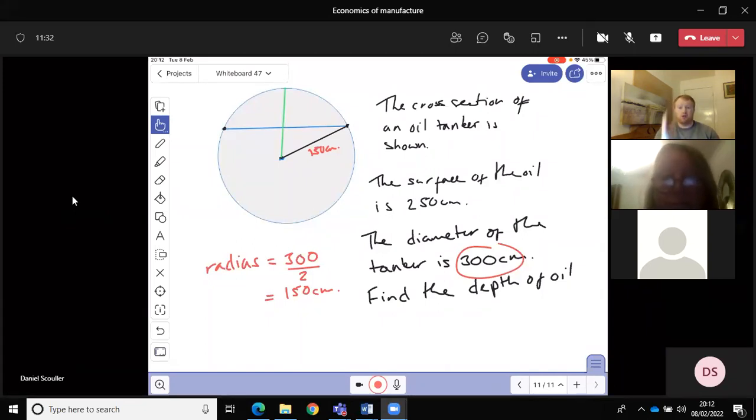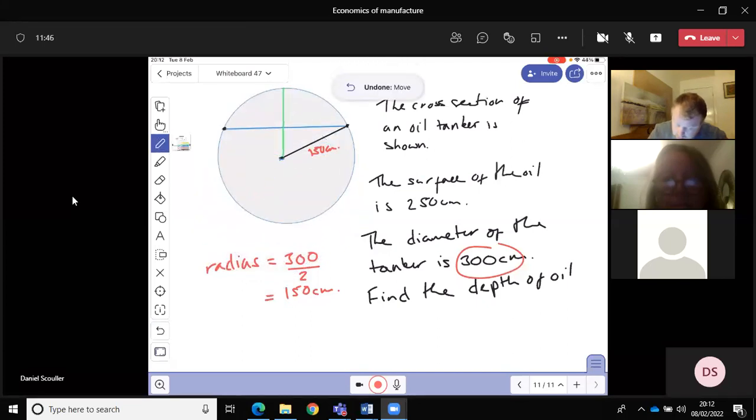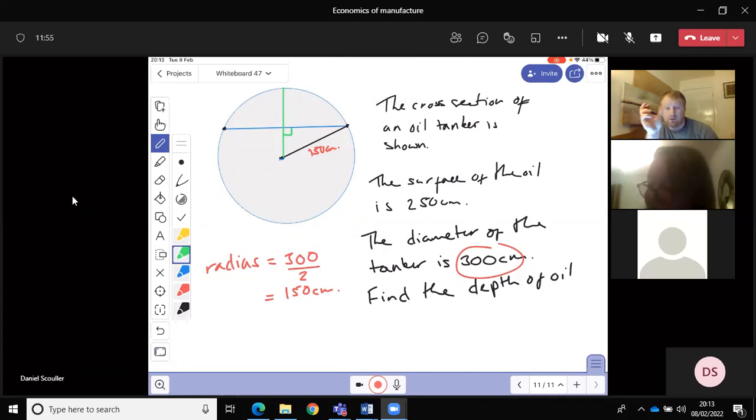If you take a line and cut that chord perpendicularly, you're cutting it in half. So that's done two things. It's created a right angle triangle, but it's also cut that chord in half. Now we know the chord's full length is 250, so by cutting that in half, we've created half that length, which is 125. So that line there is 125.